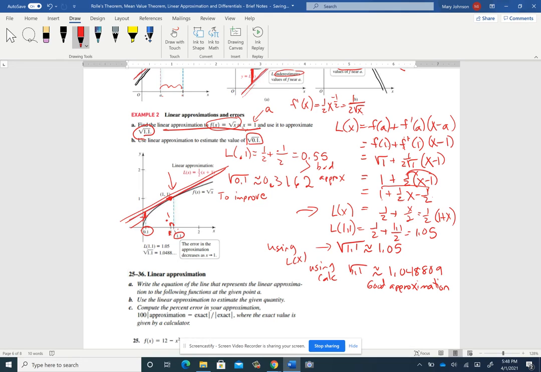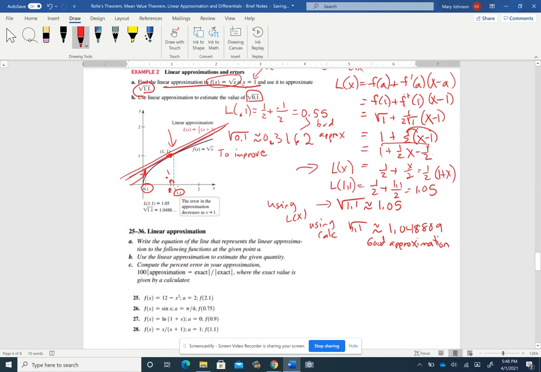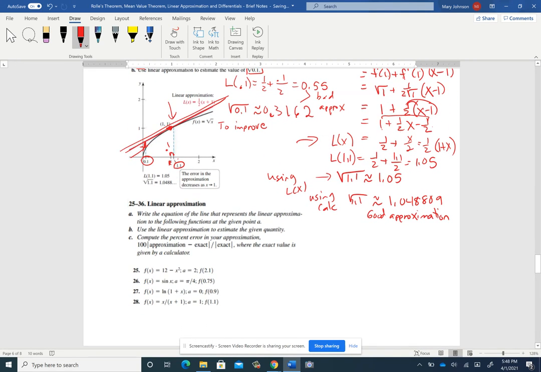So that's the idea behind linear approximation: sometimes your original function is quite messy, but anything is basically linear if you zoom in enough at a spot. And so you can use the equation of the tangent line at a spot as a good approximation for the value of the original function as long as you're near that point of tangency.